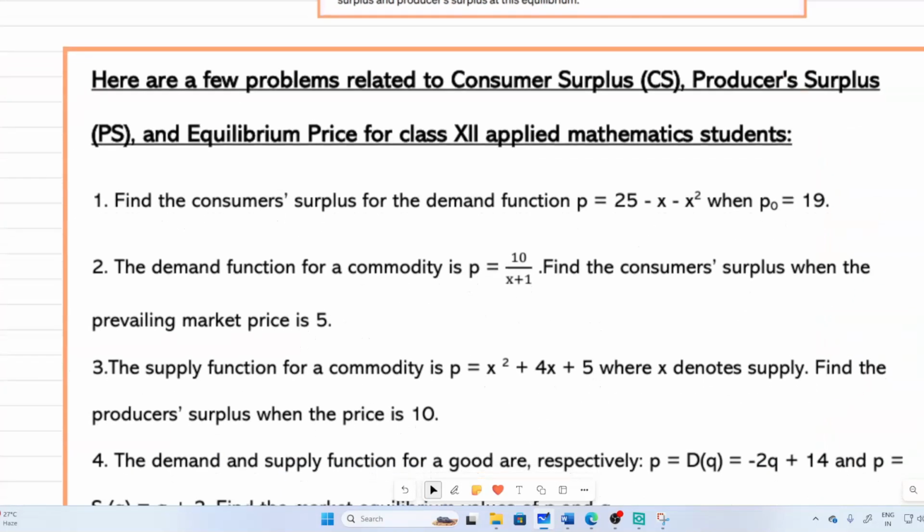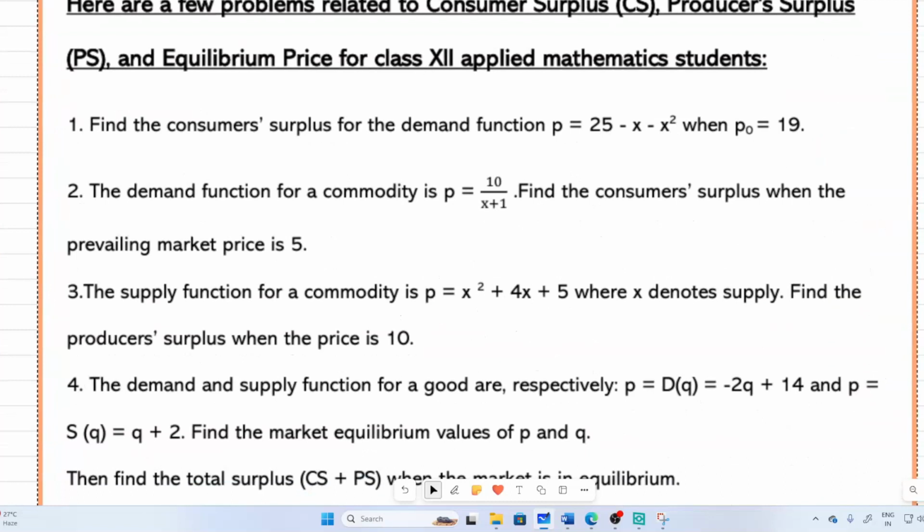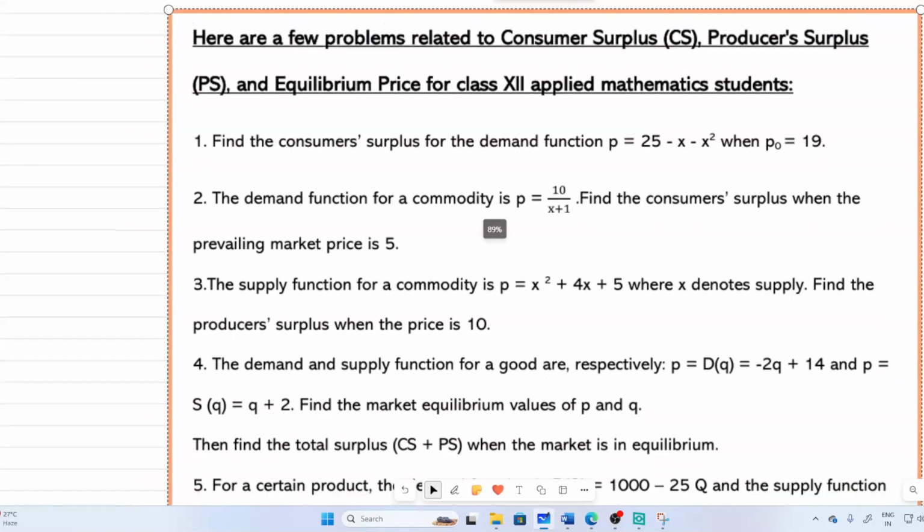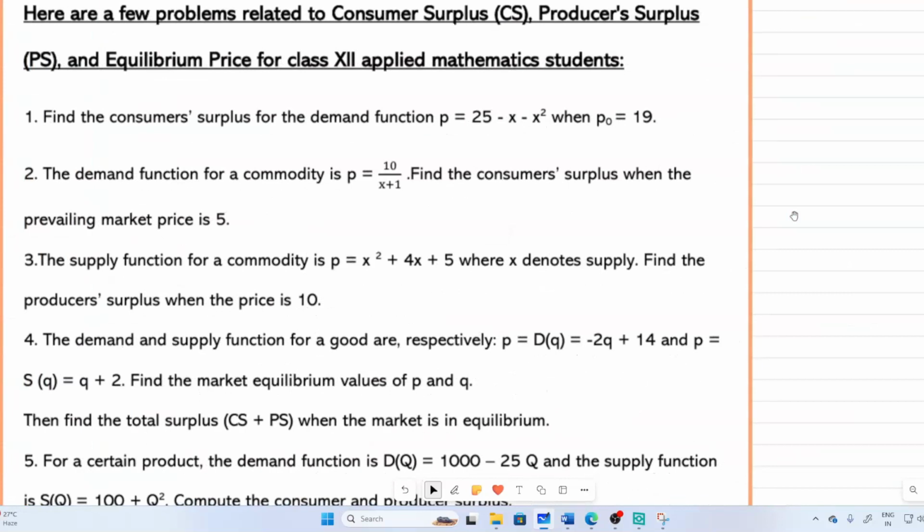Let me remind you the concept behind this sum. Just read the sum. You have to find the consumer surplus for this demand function when P0, the equilibrium price, is 19. So the very first step, you will find the equilibrium quantity, the value of X. So this P you replace by P0.